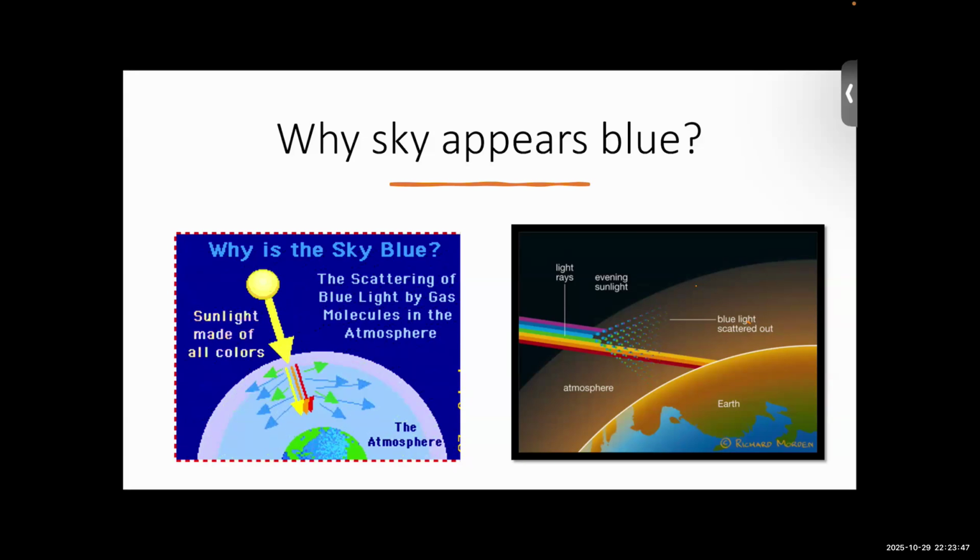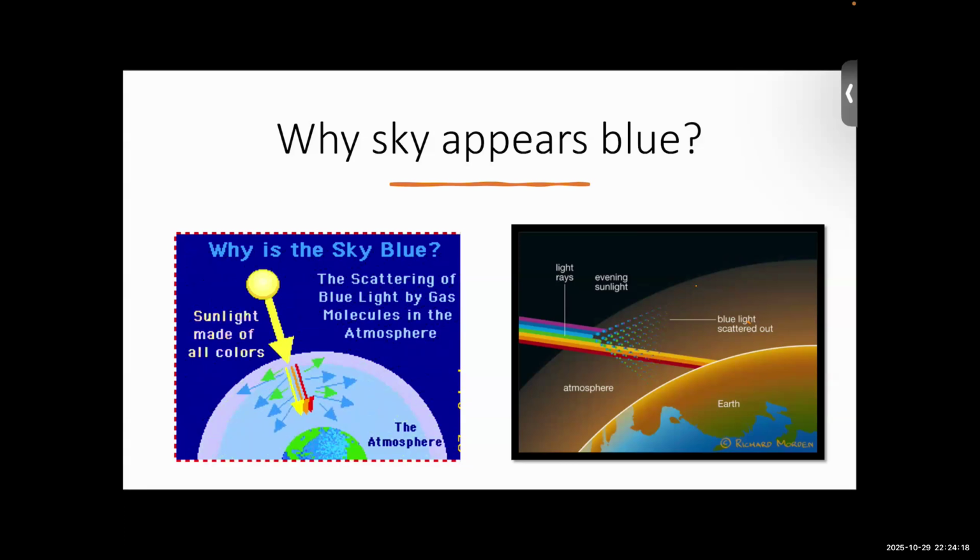Sky is blue because the light from the sun interacts with the gases in a different manner. When sunlight, which contains all the colors of the rainbow, enters the atmosphere, the air molecules scatter the blue light the most, because blue light has shorter and smaller waves. That is the actual reason behind that.